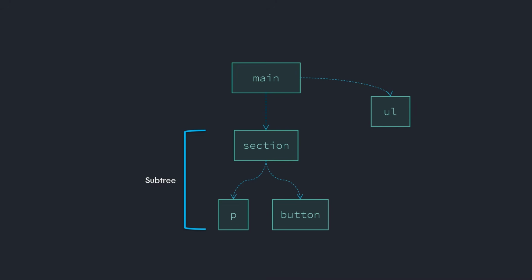In this case, we can zoom in and focus just on the section as if section was the root of a tree itself, knowing that it's actually connected to and part of the larger tree. If you think about the user interface on the web as one massive tree, then subtrees are ways of subdividing our focus, our intent, our code, our logic, and a way to make something reusable.